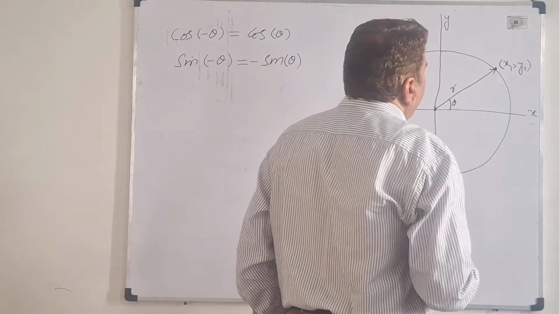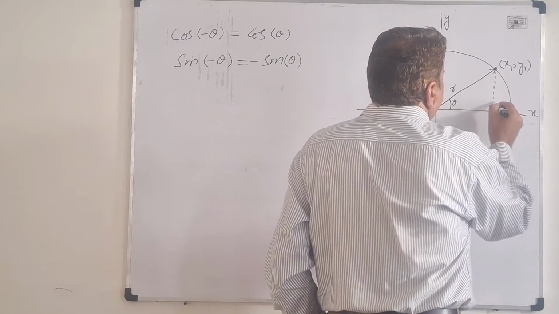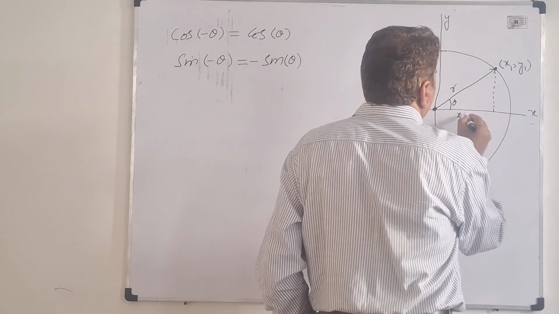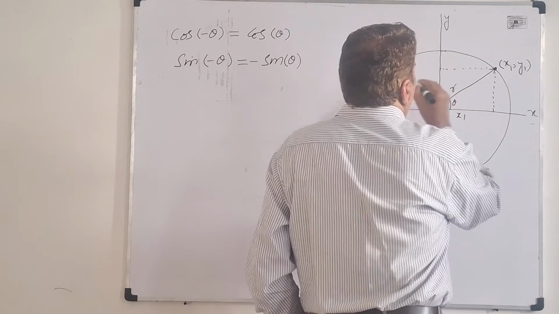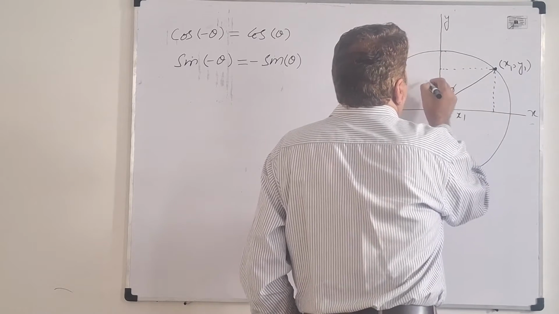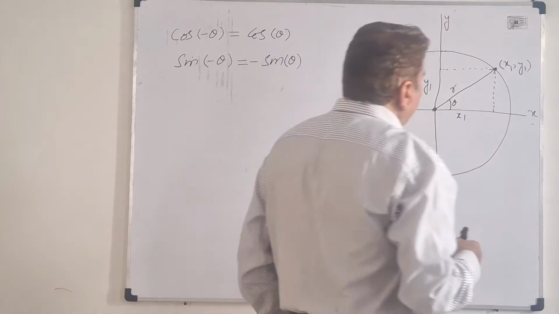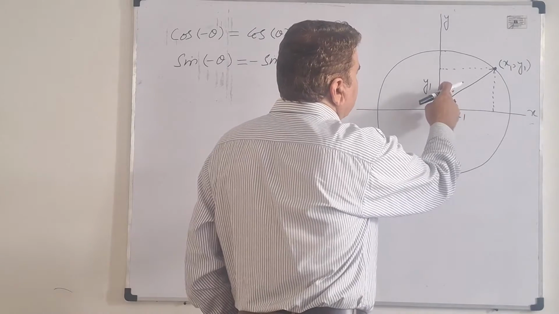Then x1 and y1 mean that the distance of this point along the x-axis, if I drop a perpendicular from the origin, is x1, and the distance of the point along the y-axis is y1. Using the geometry of a right angle triangle, I can find x1 and y1 in terms of the polar coordinates r and theta.